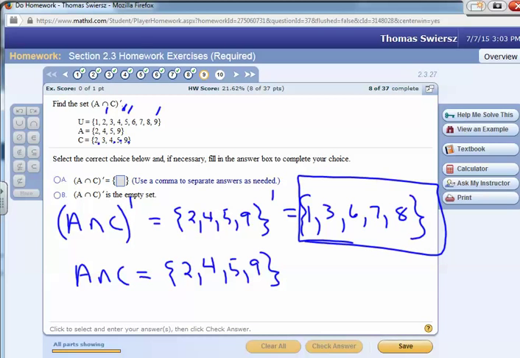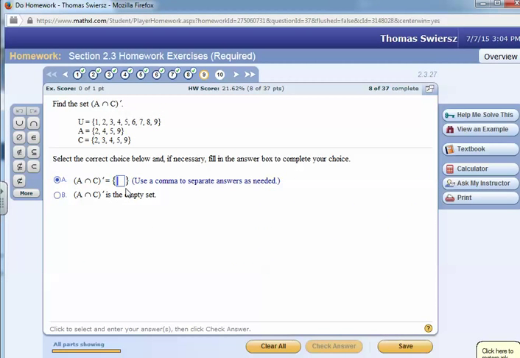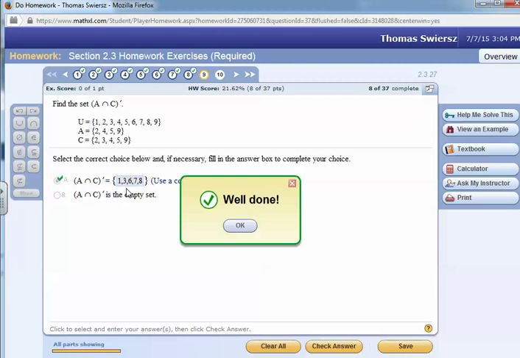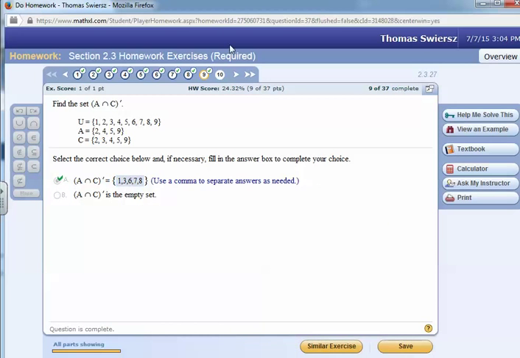So this will be our final answer. We did A intersect C first, and then we did the complement: 1, 3, 6, 7, and 8. All right, let's go ahead and put that in. 1, 3, 6, 7, and 8. All right, very good.